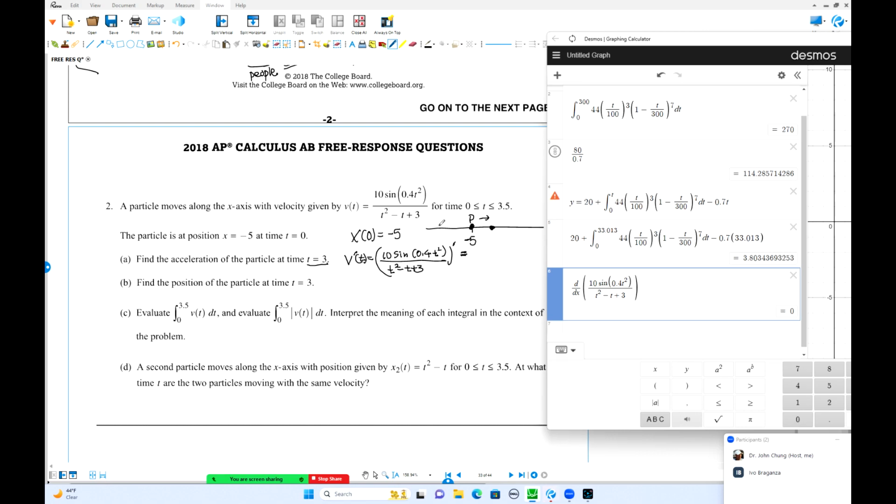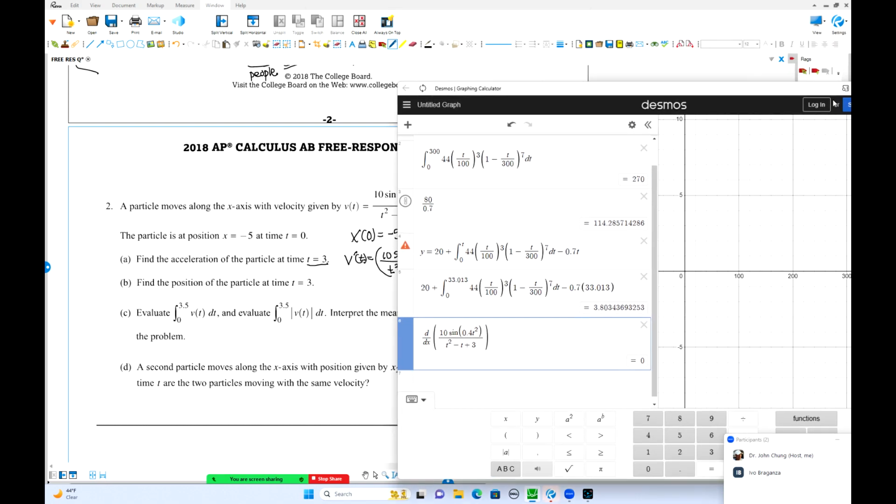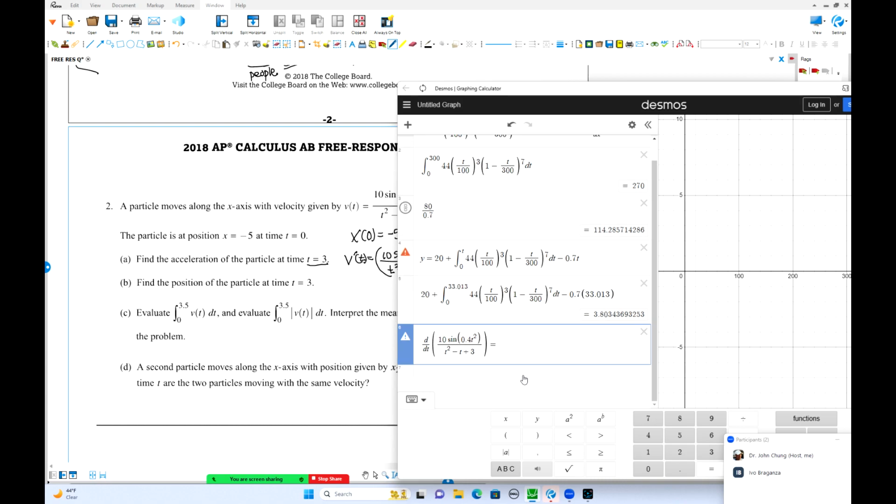Okay, we take a derivative. I don't know how to use this. Oh, I'm sorry, this is the x over here, right? This is dt. That's why I didn't get the dt. Equals? No way. Still not working.